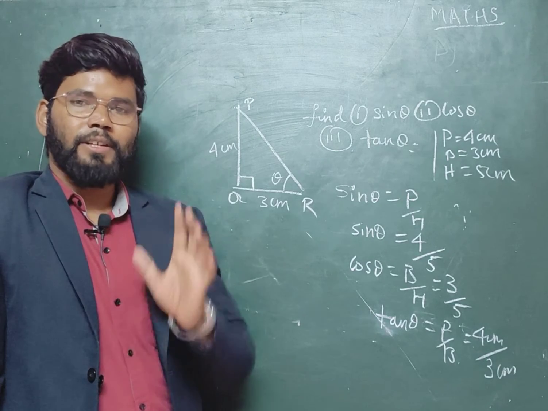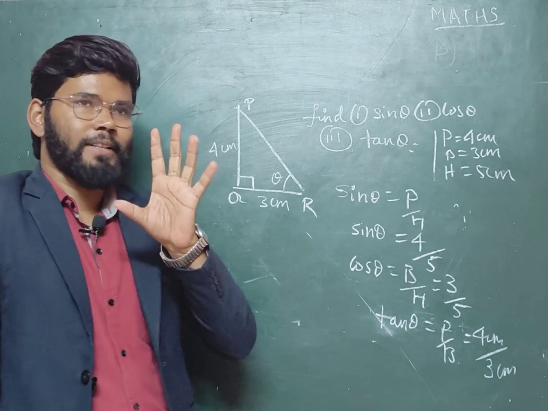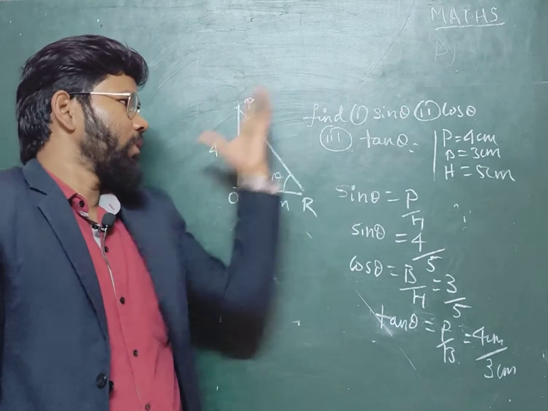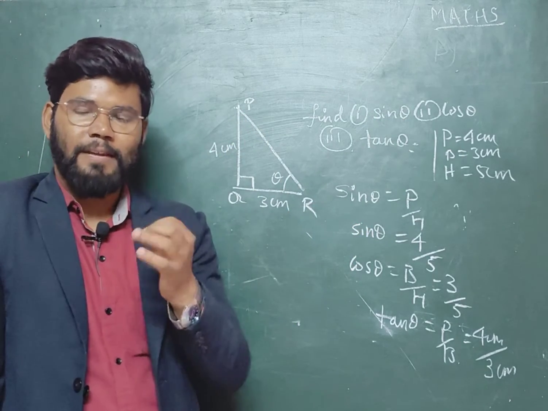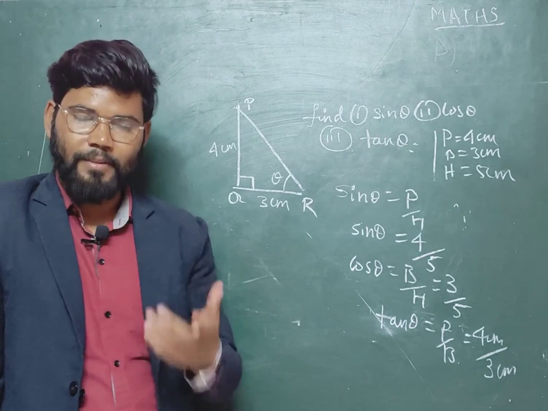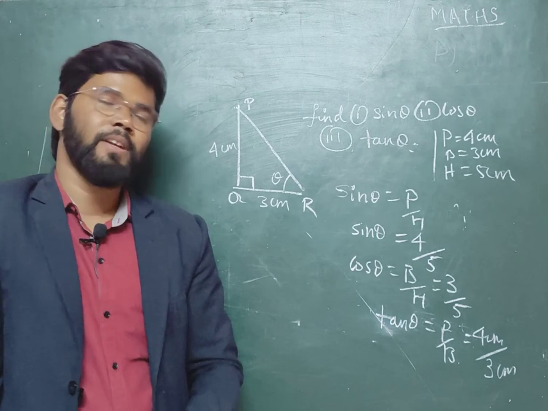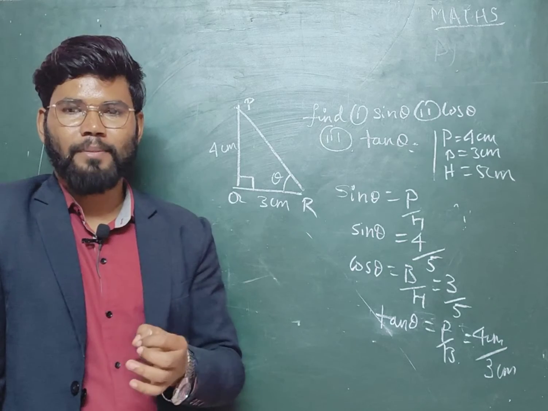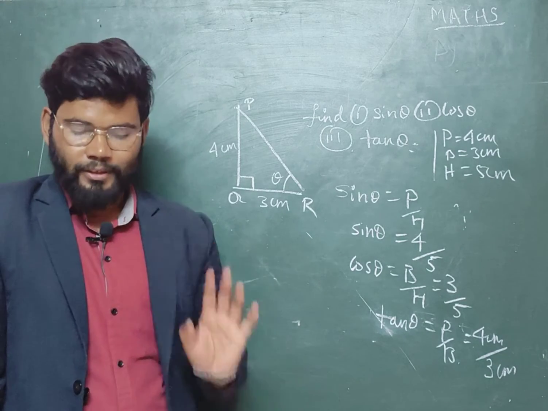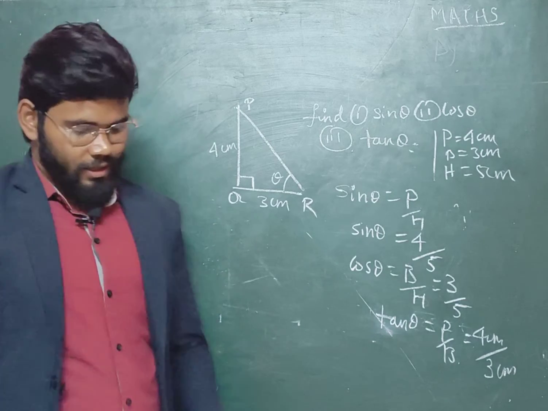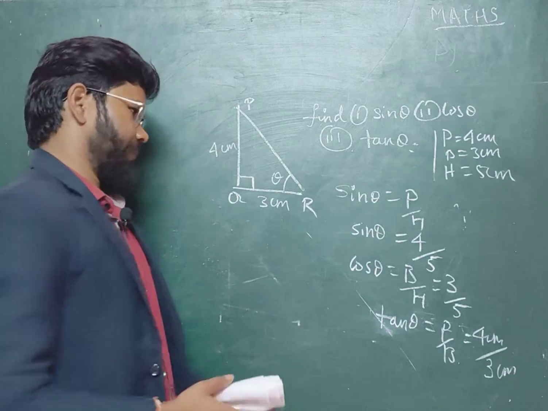The question may tell us to find the value of tan theta plus sec theta. In some cases, the question will tell us to find the value of sin plus cos by cot theta. So how can we find the value? I can also provide that in other types. So let's see.